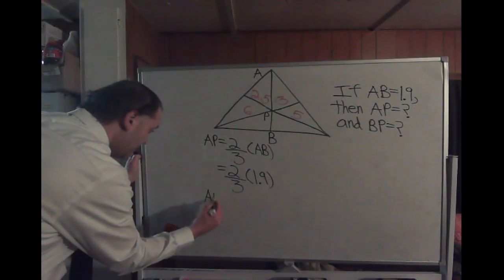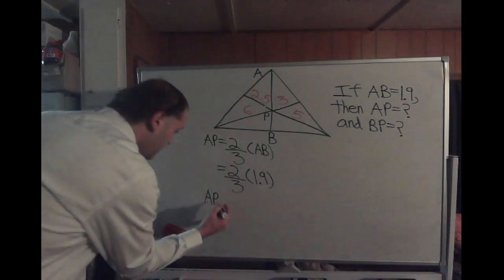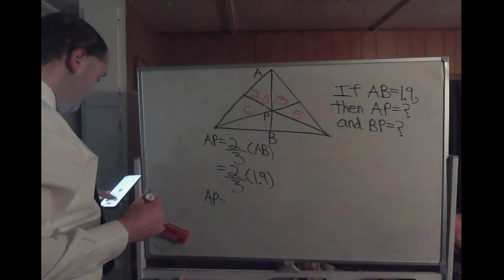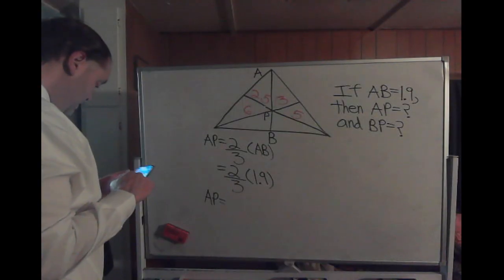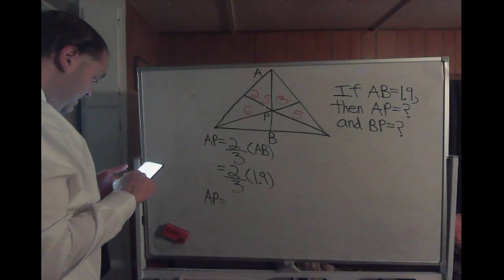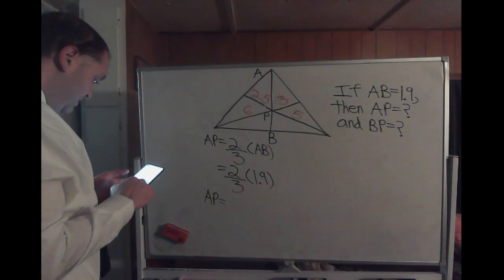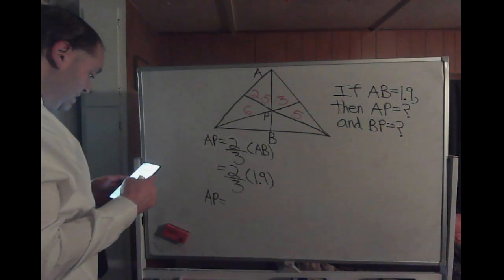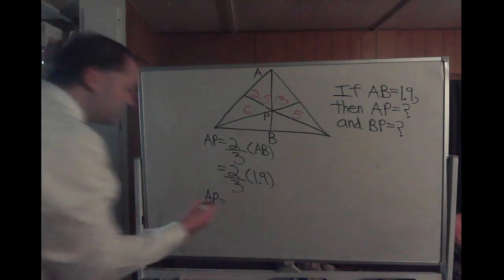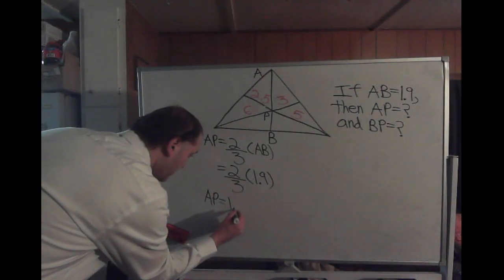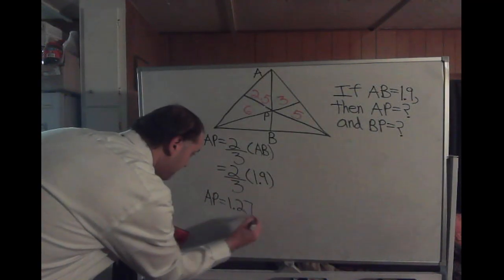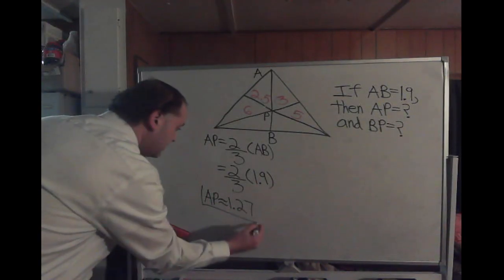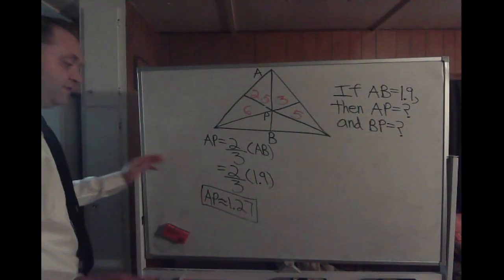What would that give AP equal to? Let's find 2/3 times 1.9. Since there's a decimal, it gets messy. That's approximately equal to 1.27. So AP is approximately equal to 1.27.